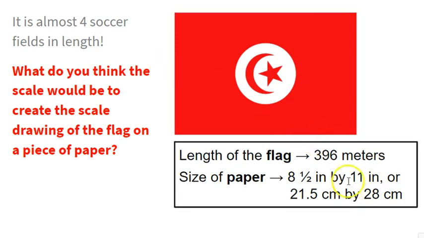Actually, that seems awfully small considering this is almost 30 and that's almost 400,000 when you convert it. So you're probably talking about something like a 1 to 15,000 scale, but that would be converting the meters into centimeters. Remember that if we don't say the units, they're in the same units scale-wise.